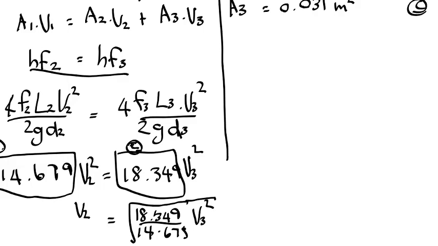Then you take the square root of that and you get 1.118. And if you take the square root of a square, then obviously you will only end up with V3. So we will end up with V2 equals 1.118 V3. And this will be your equation 1.